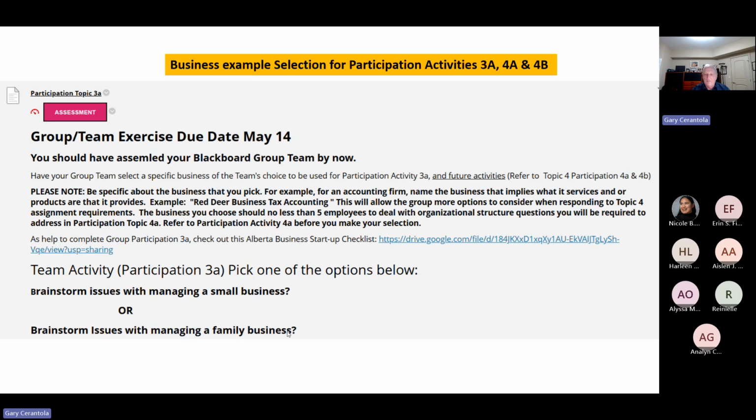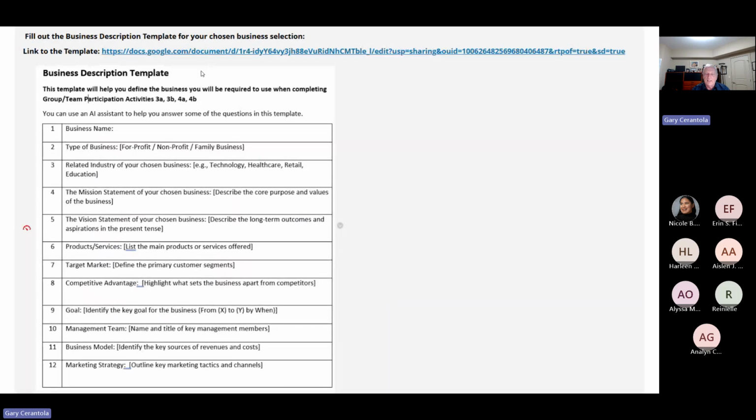If you identify a family business, provide specific information. Let me just show you that. I'm going to get you to fill out this form so that it gives you the amount of specific information you need. And by the way, some of these questions may be a little hard to answer. Use artificial intelligence. Go to ChatGPT or Copilot. Let's say you have a beauty business that specializes in skincare.